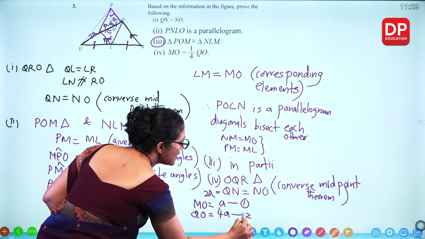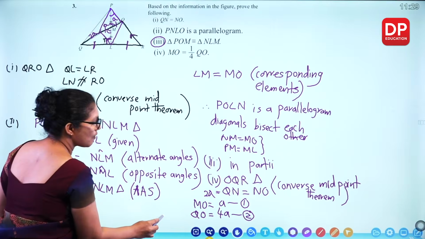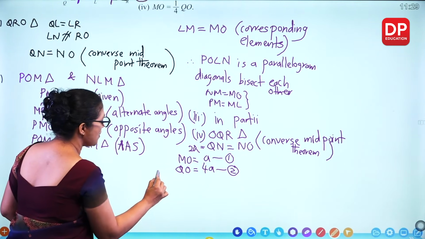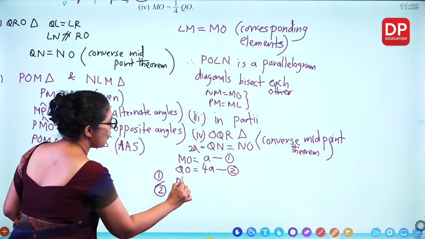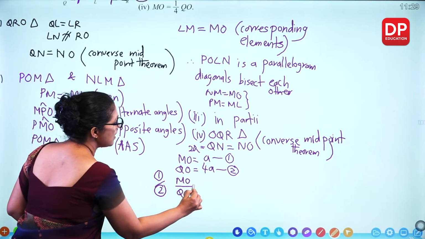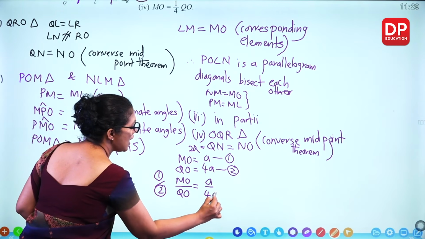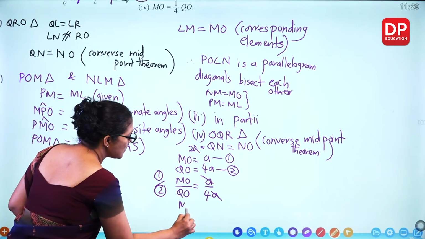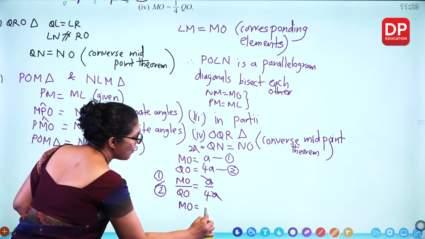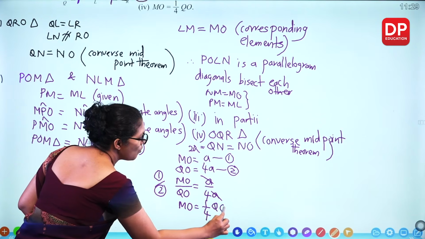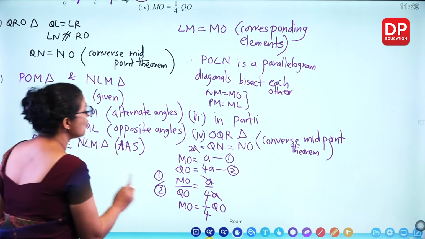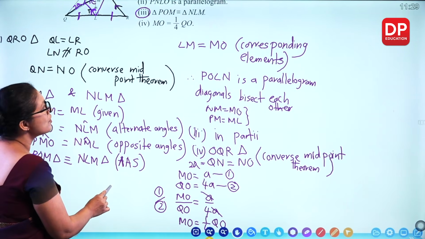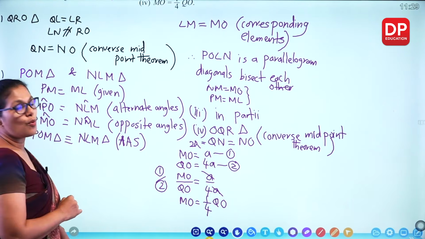So when you divide these two, what do you get? MO over QO is equal to A over 4A. A gets cancelled out and I'm getting MO is equal to 1/4 of QO. That's what you need to show.